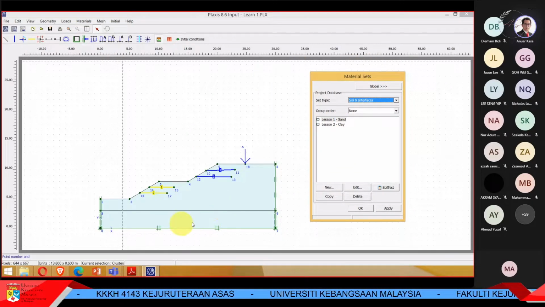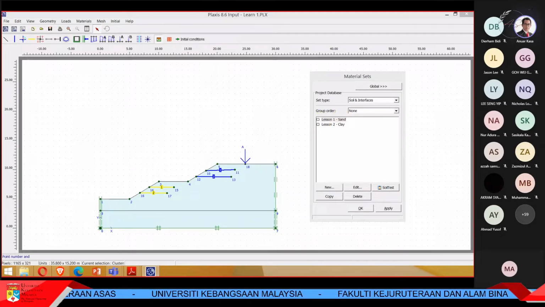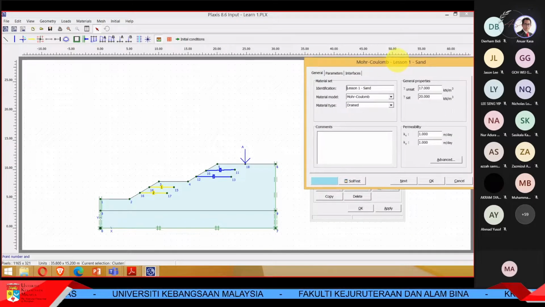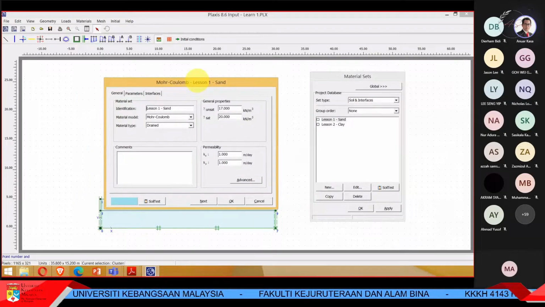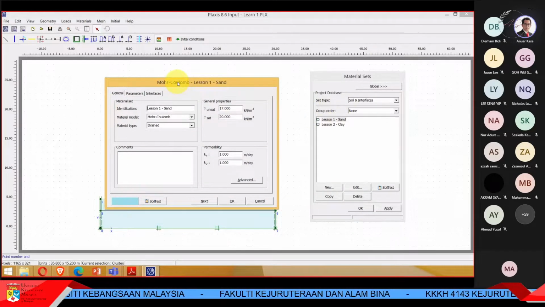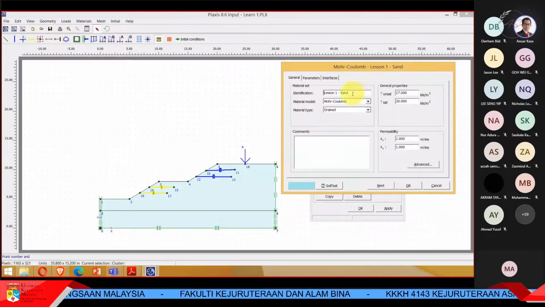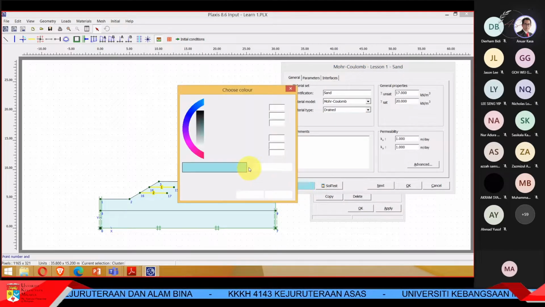The sand here, actually we can change the color. For example, I double click at the lesson one. Let's say I don't like to put the name of lesson one, I say sand. And then I want to change the color.